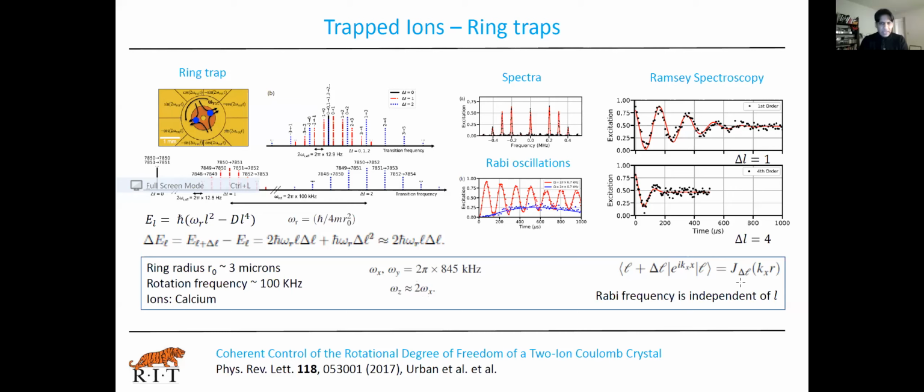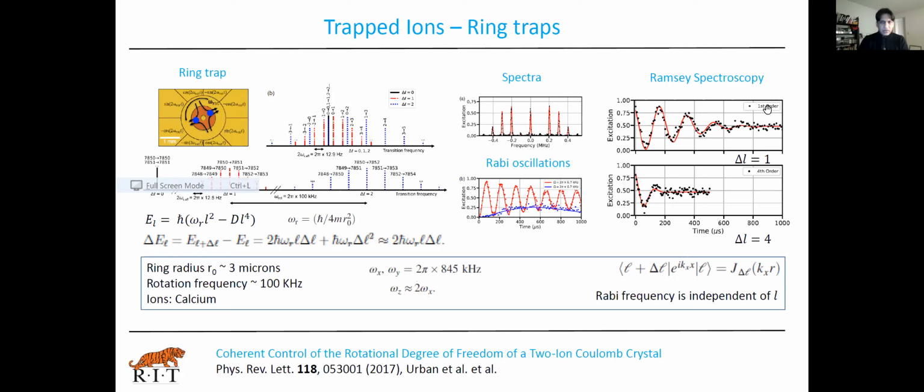So this basically means that when you couple these two using a laser, the Rabi frequency at which that superposition oscillates is independent of L. And they were able to observe this Rabi frequency here for two different laser intensities. If you use low laser intensity, then you get a slow Rabi oscillation. If you use a higher one, you get a higher frequency of Rabi oscillation, okay?